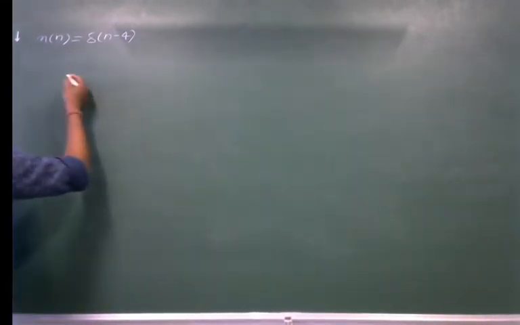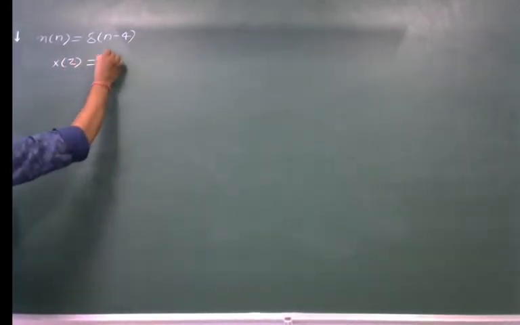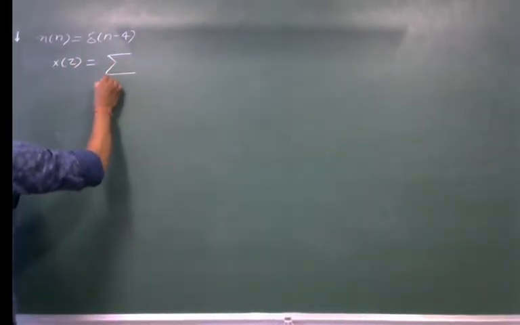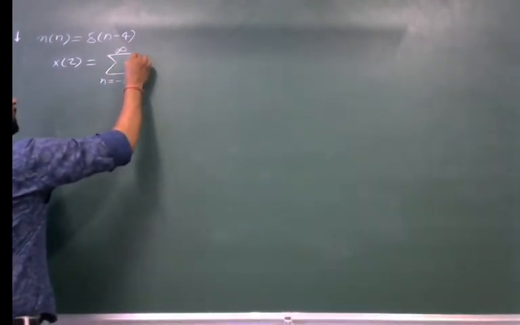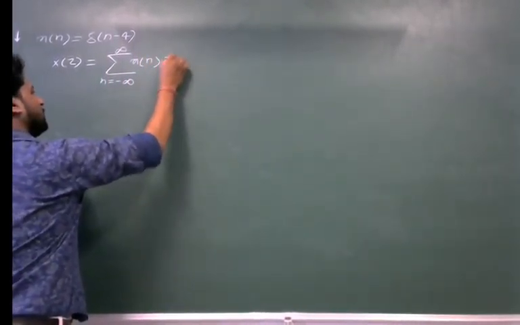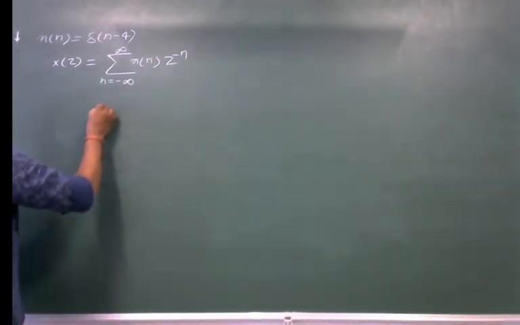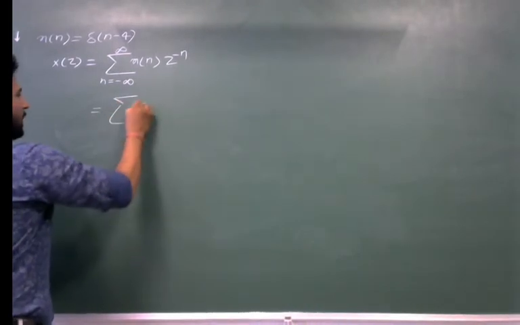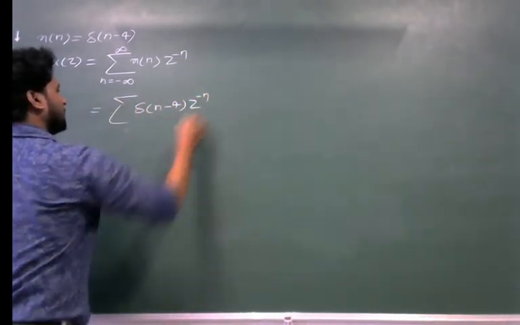For this sequence, we have to get the Z transform, and we know the formula to get the Z transform as X of z is given as sigma n from minus infinity to plus infinity x of n into z power minus n. Here x of n is given as delta n minus 4 into z power minus n.